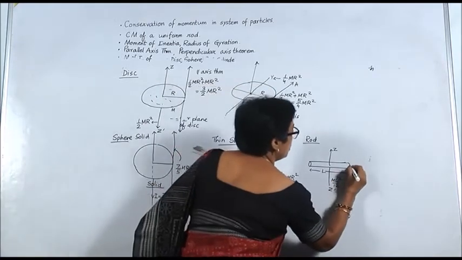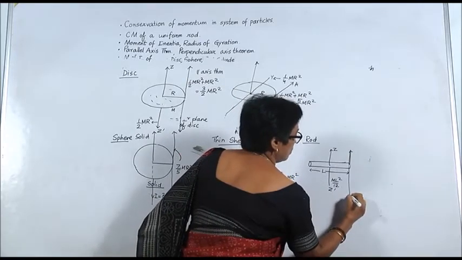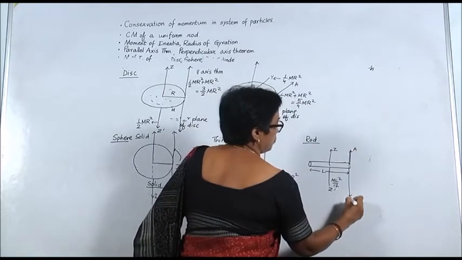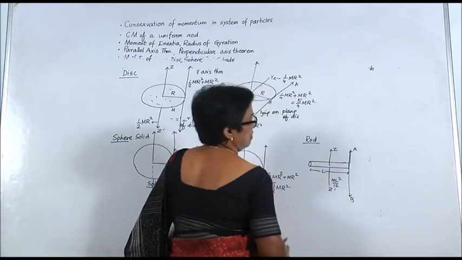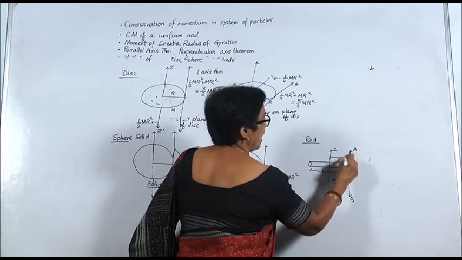Then tell me what will be the moment of inertia about this axis which touches the end. Here my AB is touching one end of the rod. So we add mass into the separation squared.